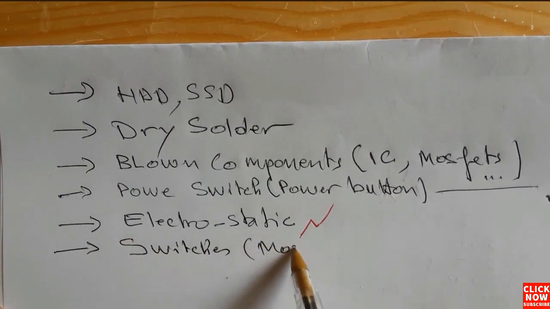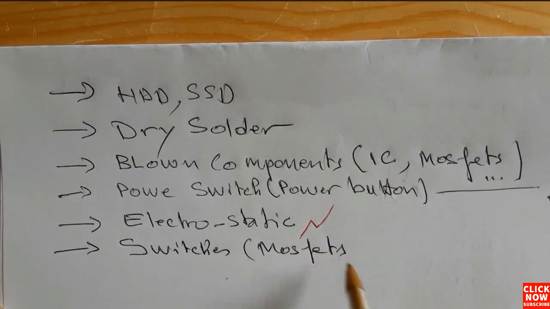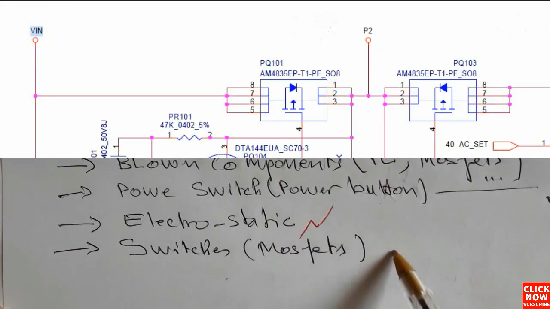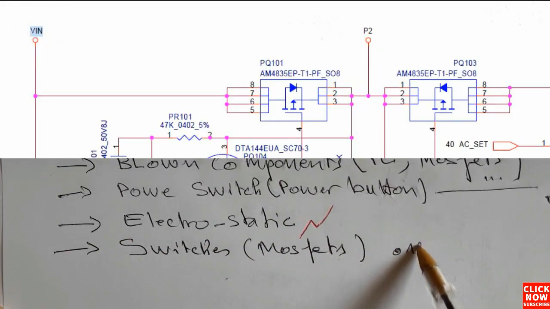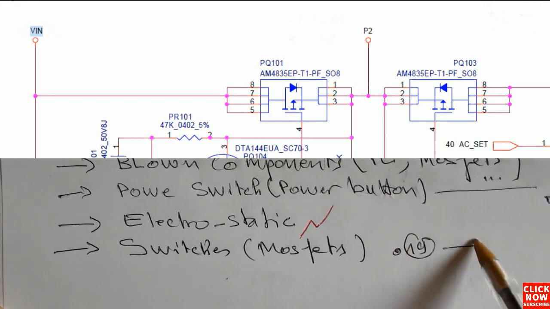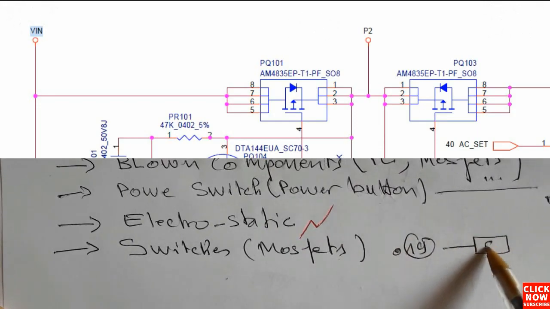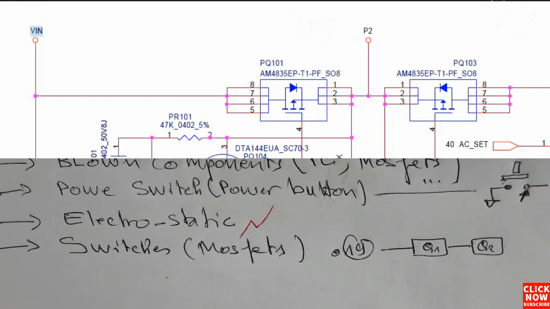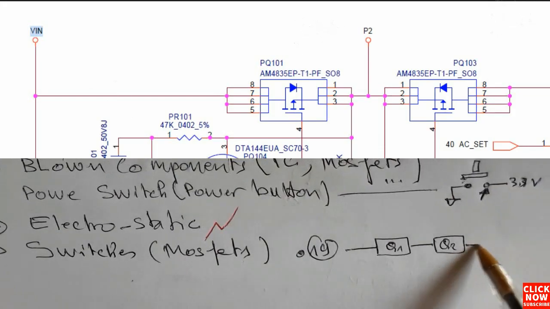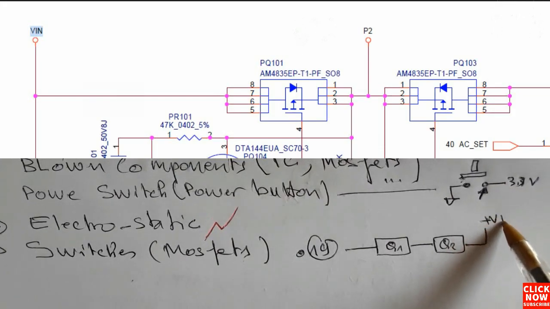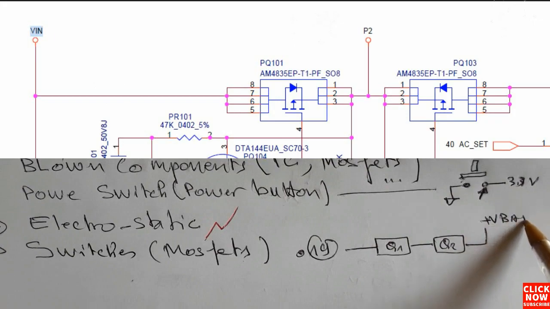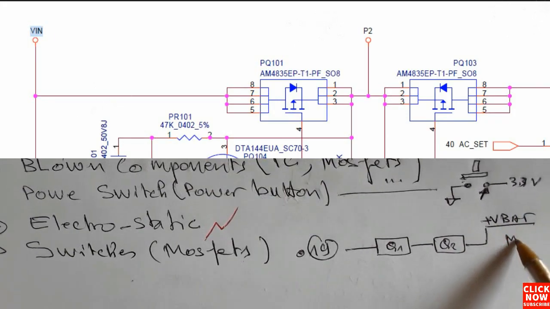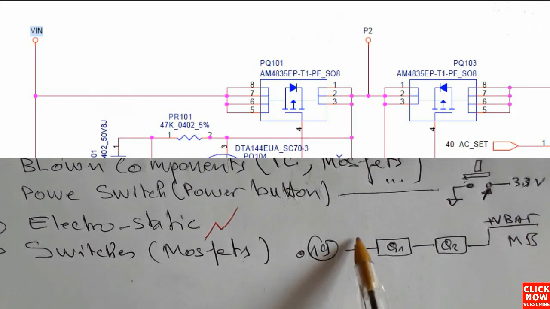The next failure is switches or MOSFETs. Basically here I mean the two MOSFETs next to the power jack at the beginning of the motherboard. Here, for example, we have an example. We have the 19 volt from the power jack, and here we have two MOSFETs. And here we have plus VBAT that will be applied to the whole motherboard.